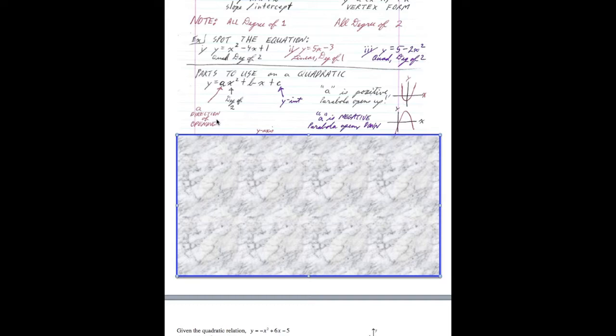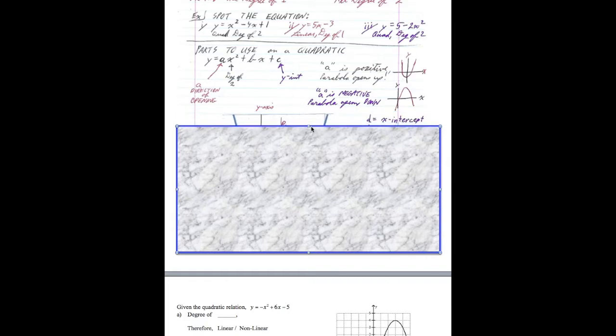It tells us the direction of opening. For example, if a is positive, the parabola opens up. Positive, smiling, right? Because people are positive. If a is negative, then the parabola opens down. Think about it. If a is negative, you've been negative with a kid, they have a big frown on their face. Okay, so their frown looks down.